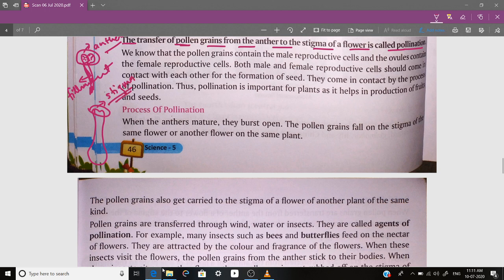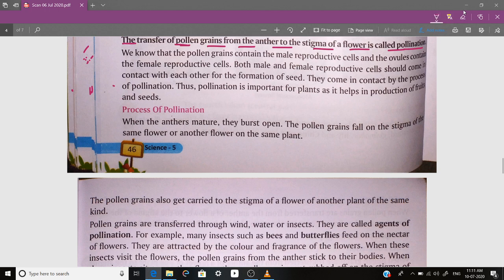When these pollen grains transfer from anther to the stigma, this process is called pollination. Again, I'm just repeating this. The transfer of pollen grains from anther to the stigma of a flower is called pollination.